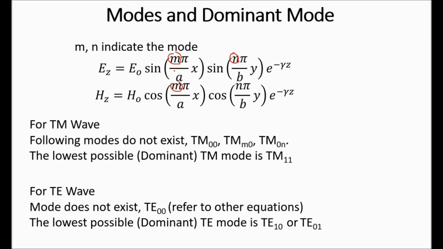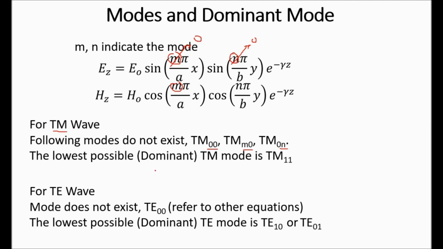For TM waves, TM00 or TM m0 and 0n are not possible, because if you put either m or n equal to 0, you will see all the field components go to 0.